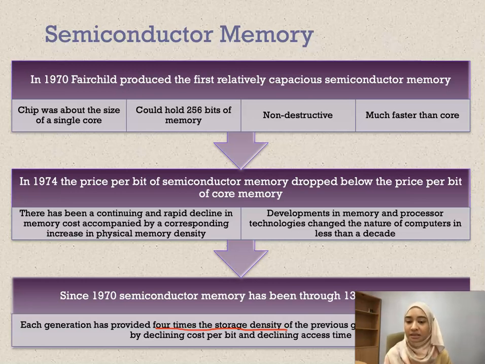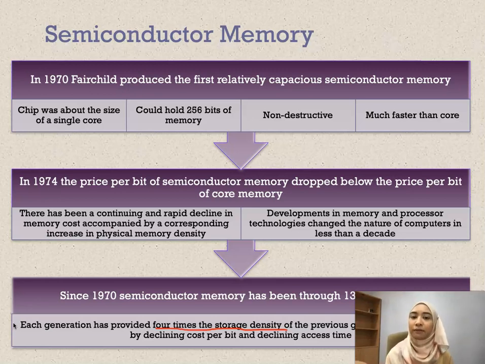Since 1970, semiconductor memory has been through more than 13 generations. Each generation has provided 4 times the storage density, accompanied by declining costs. So every time you hear Intel coming out with a new generation, you know that the storage density is 4 times better than the previous generation.